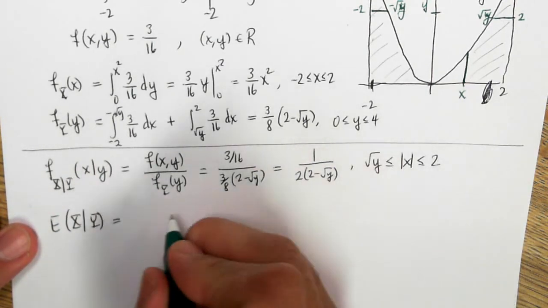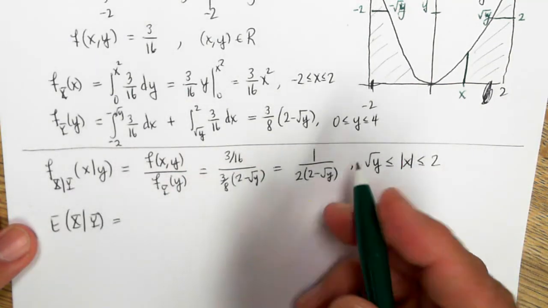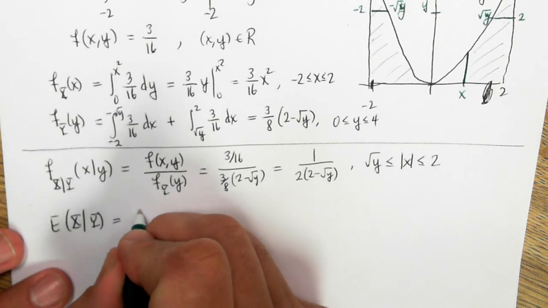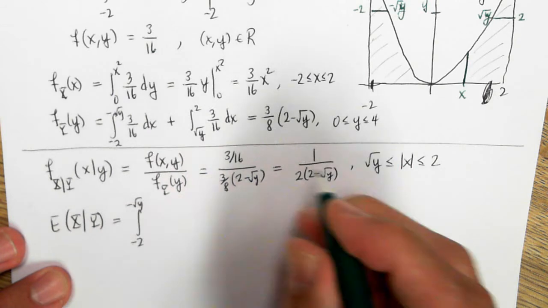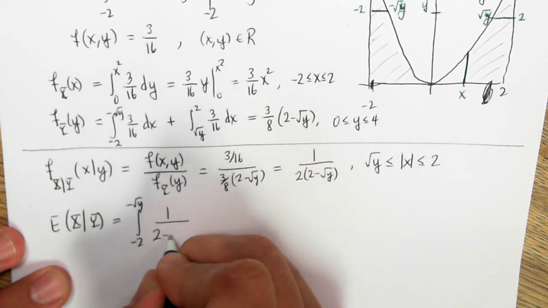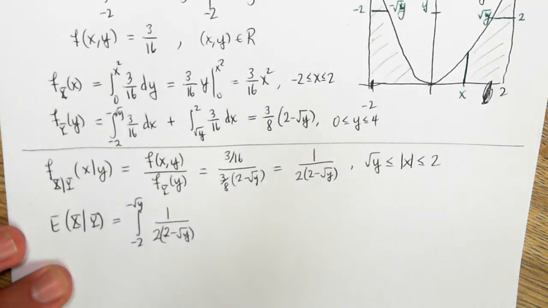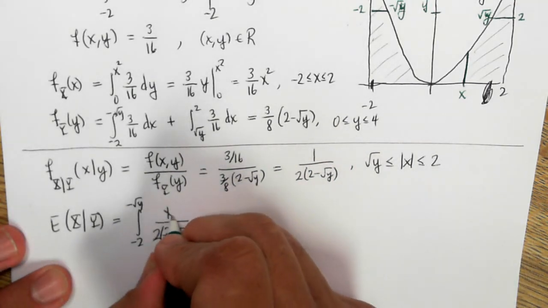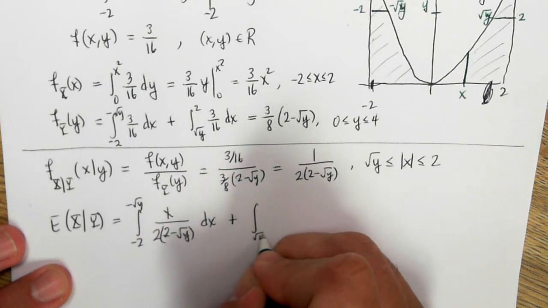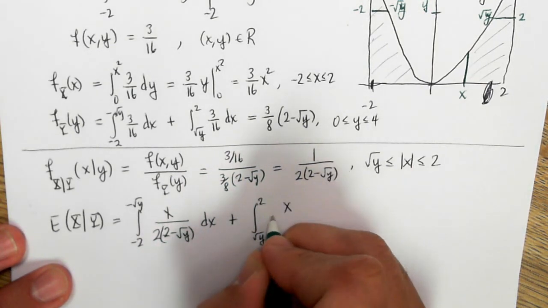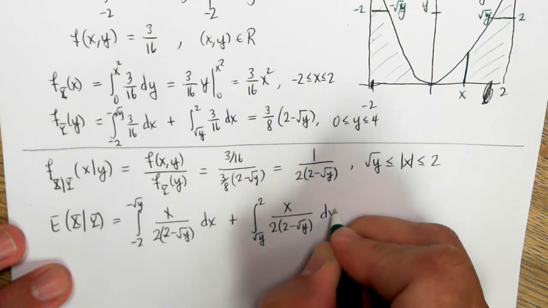Let's figure out the expected value of x for this conditional distribution. This will be equal to the integral from -2 to negative square root of y of 1 over 2 times 2 minus square root of y, times x dx. Then the other one will be from square root of y to 2 of the same thing, x times the conditional PDF dx.